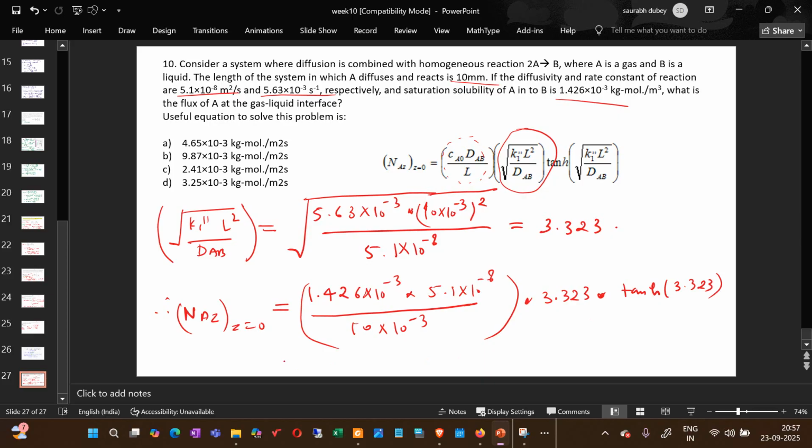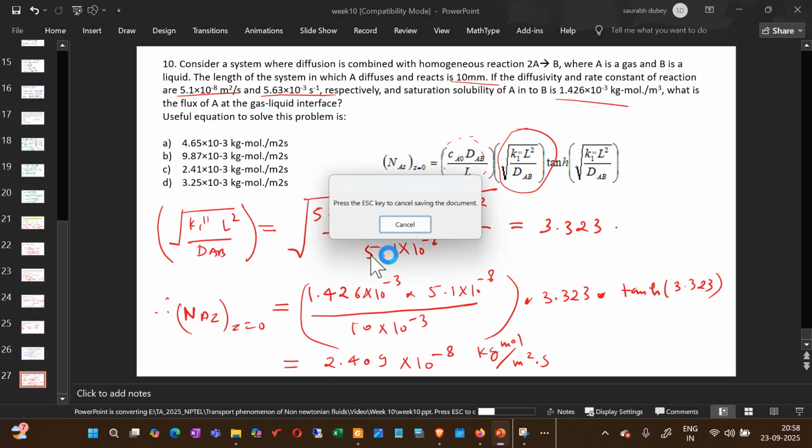Once you solve this, you will get 2.409 into 10 to the power minus 8. Right, so this is very important. Just save it.